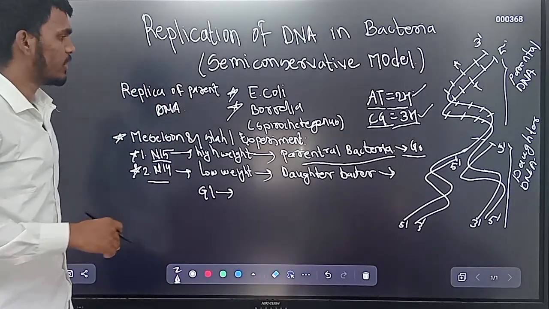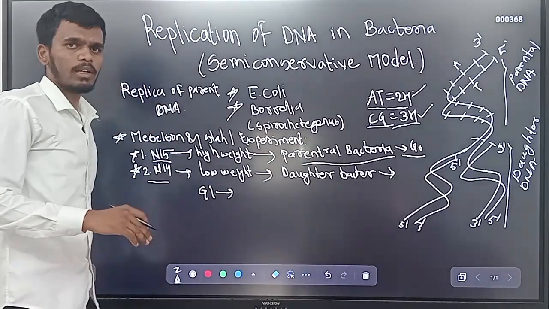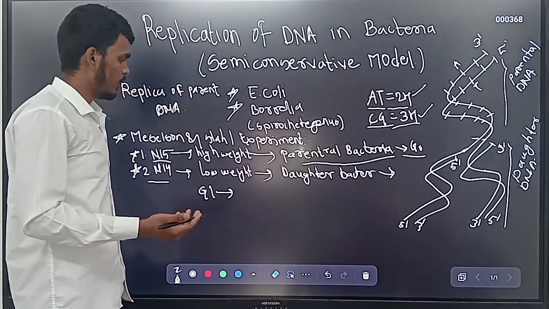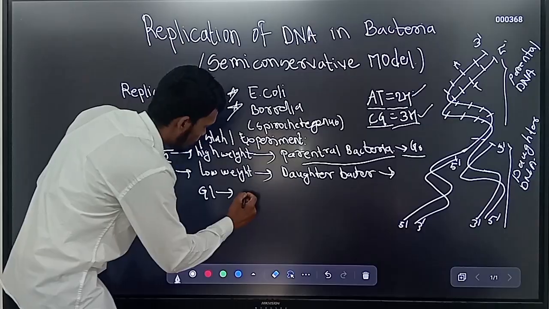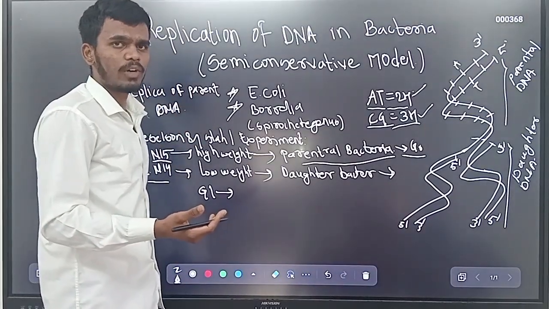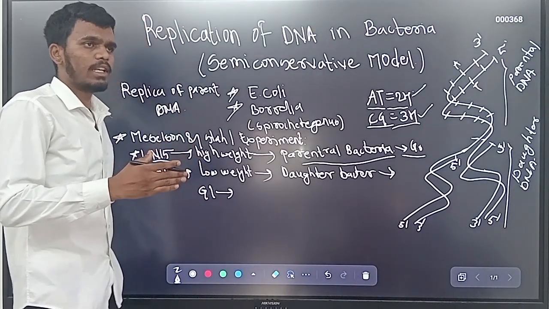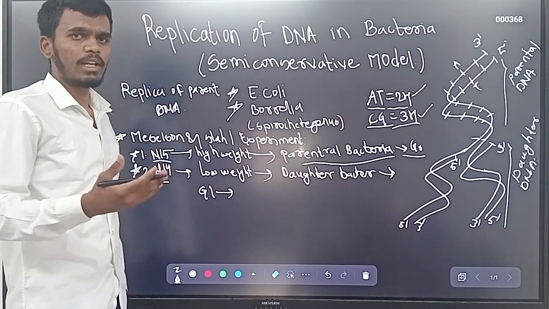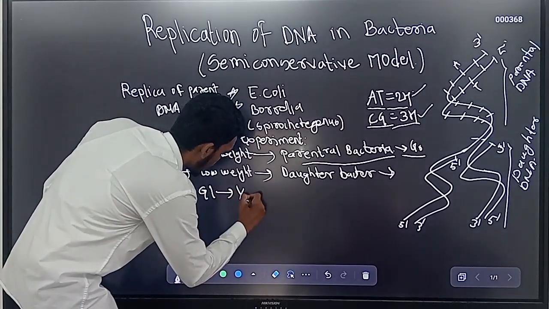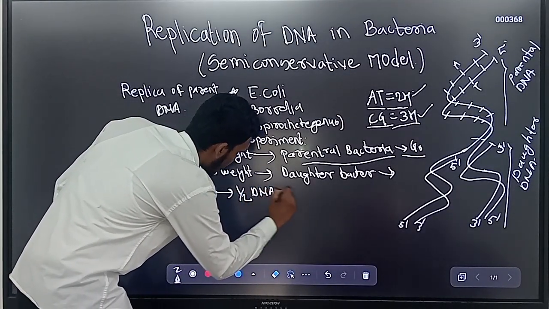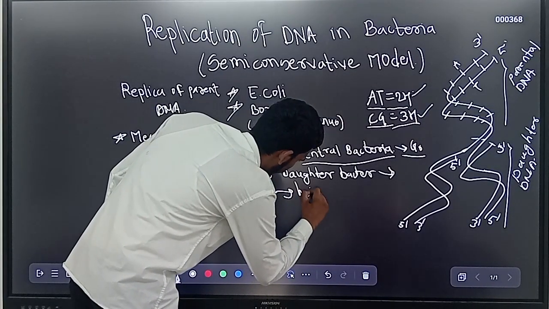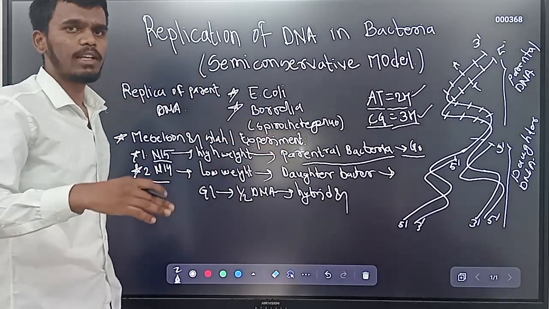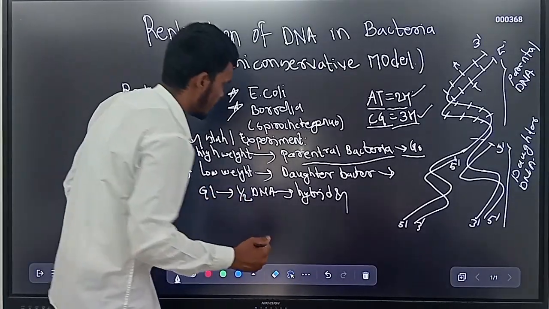and when the first generation is grown in the nitrogen 14 containing medium, we found that the proportion of DNA is such that half of the DNA, or the bacteria containing the DNA, is of hybrid type, and the other half of the DNA will be of higher density.